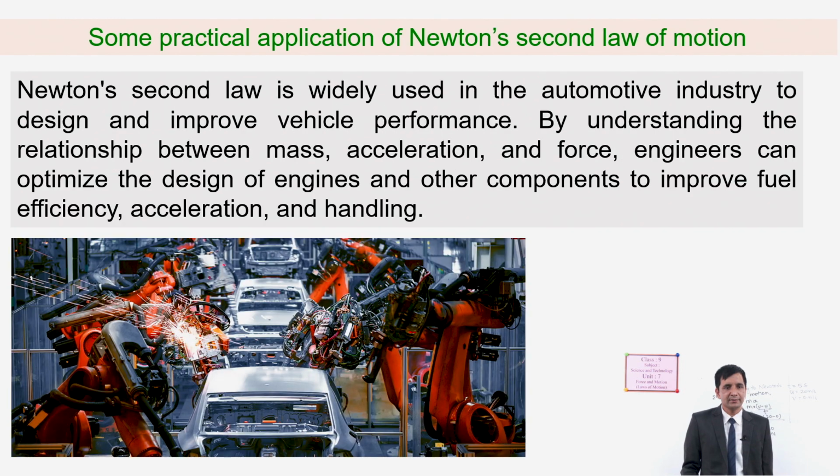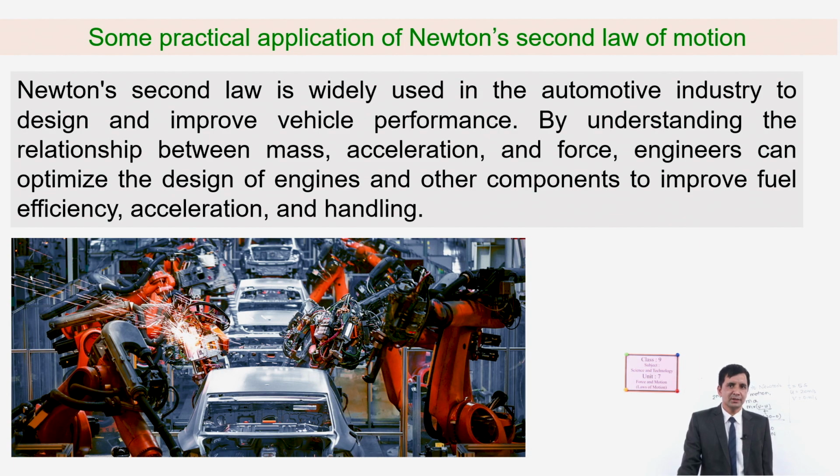Similarly, not only in the aviation sector, but it is also used in the automobile sector. Look once, in the automotive industry also, the engineers are trying to reduce the mass and increase performance. If the vehicles accelerate faster, we can reach the destination in a shorter time. That's why Newton's second law of motion is used in the automotive industry to design and improve vehicle performance.